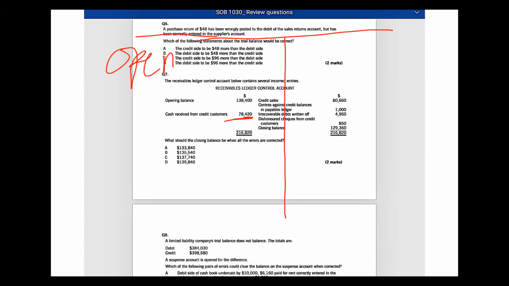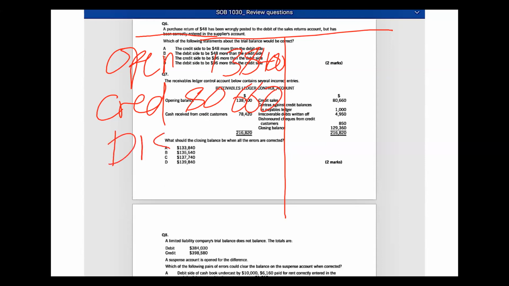So the opening balance was 138,400. Then we had the credit sales on the debit side, that is 80,660. Then there was also a dishonored check of 850.